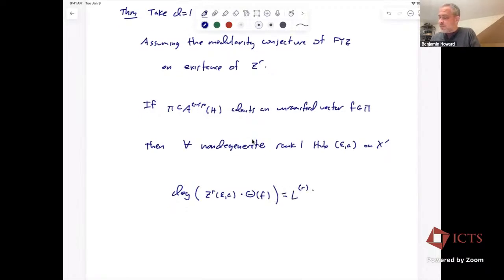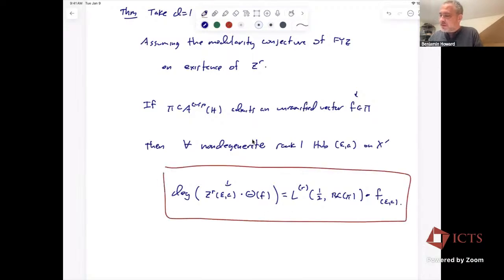You get the Rth derivative of the base change L function times a factor that remembers exactly which unramified vector you chose. I mean, it's a one-dimensional space of choices, but you still have to remember it somehow, and exactly which cycle you put in here, and it's just the EA coefficient of the F that you put in.